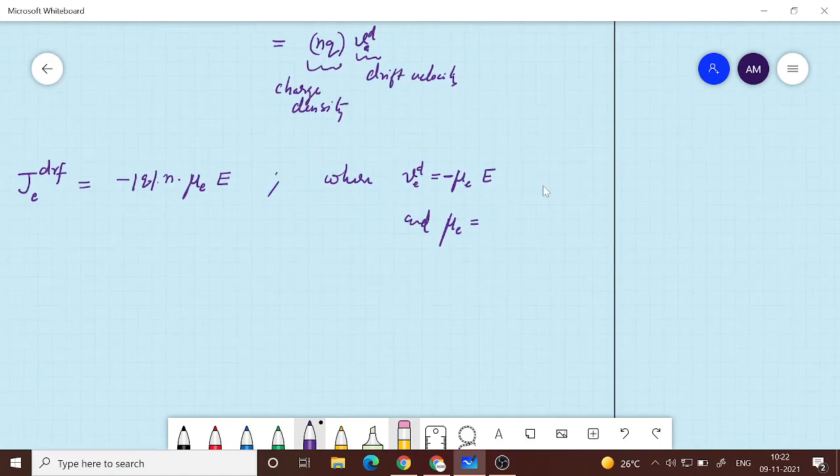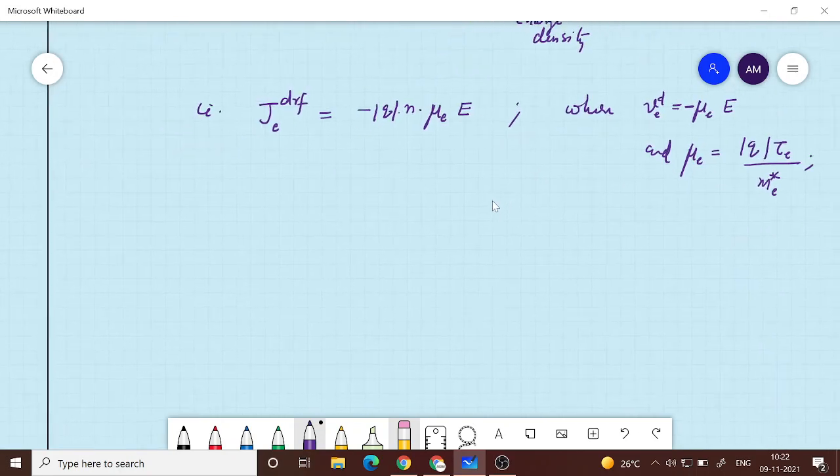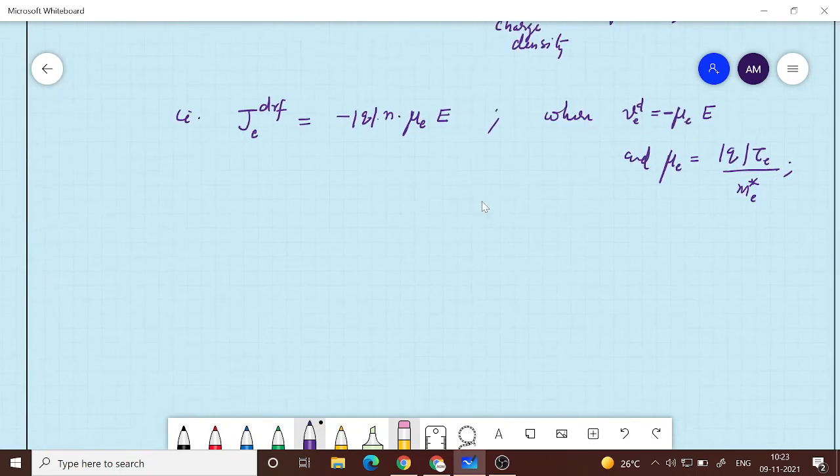So mu e is equal to modulus q tau by m star. Okay, so now everything is there. If you want, you can substitute all this for mobility. You see that there is a minus sign here, and that minus sign after substitution will become plus.